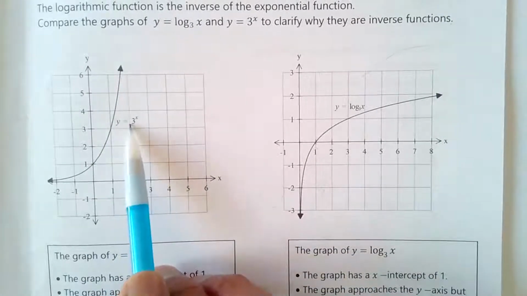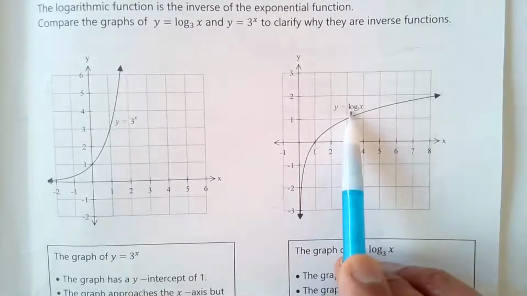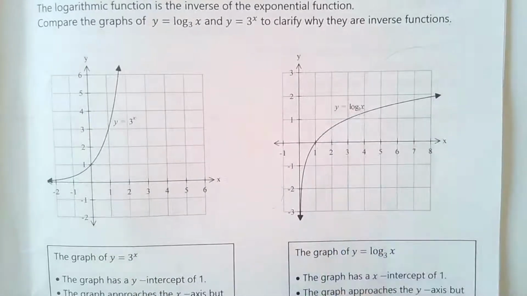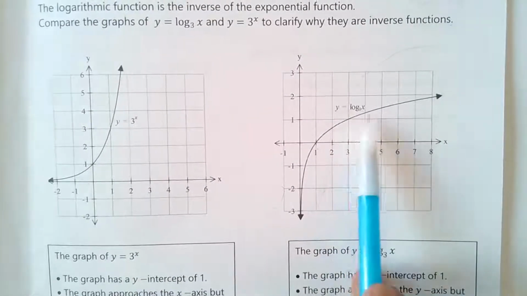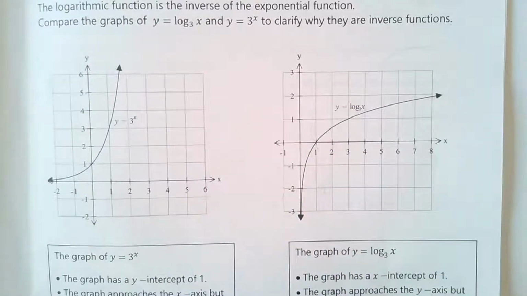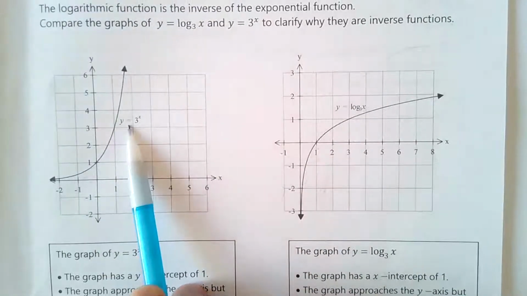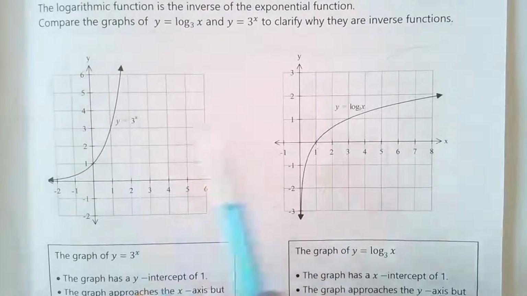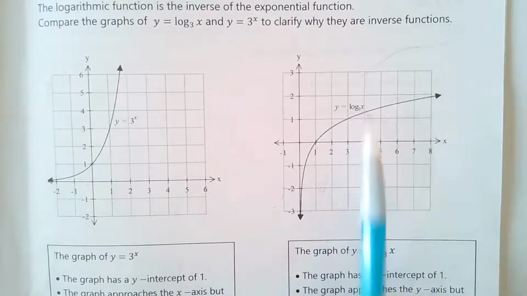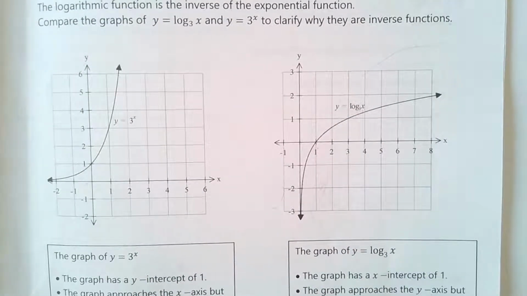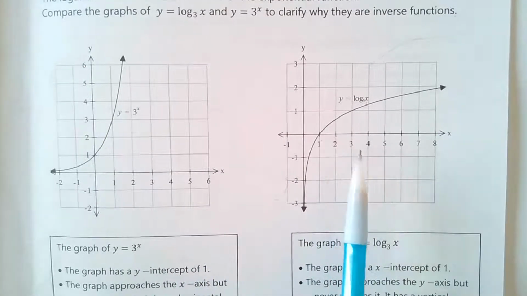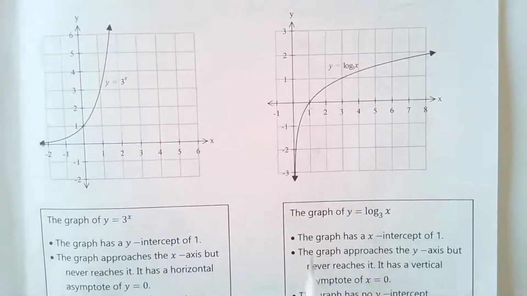You have y equals 3 to the x and y equals log base 3 of x. I'll explain how we write these expressions. That's our goal today: how we write y equals 3 to the x as y equals log base 3 of x. Notice the log function is the inverse.